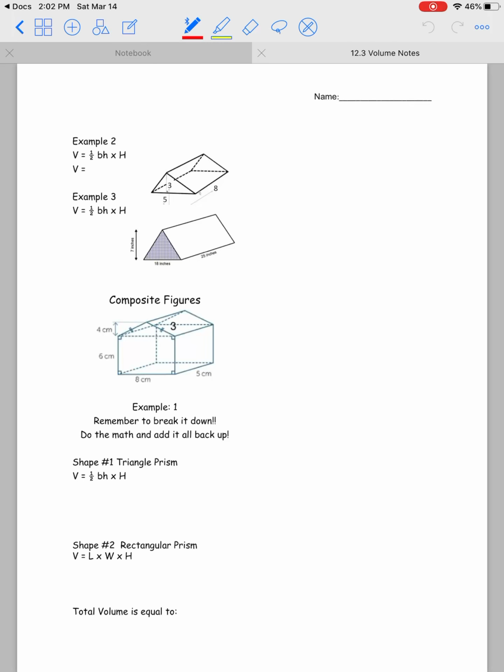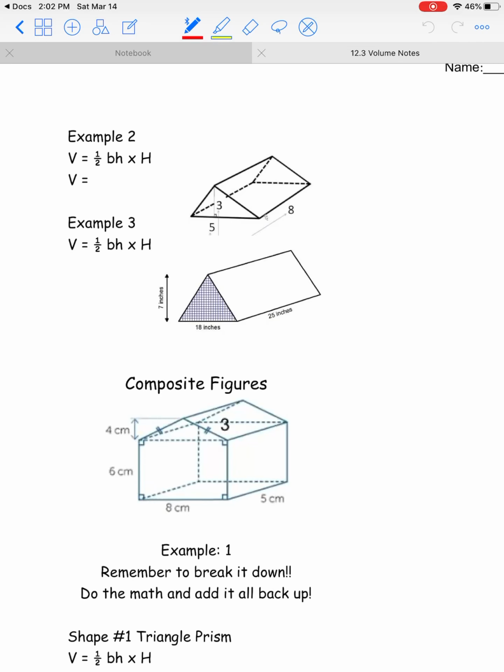Let's try it one more time. Let's look at this one right here. So 1/2 base times height. If I rewrite that, I have 1/2. Remember, this is my base. This is my little h, or height. 5 times 3 is 15 times the big H. The big H is 8. So half of 15 is 7.5 times the big H, 8.